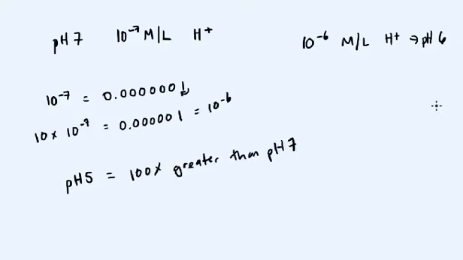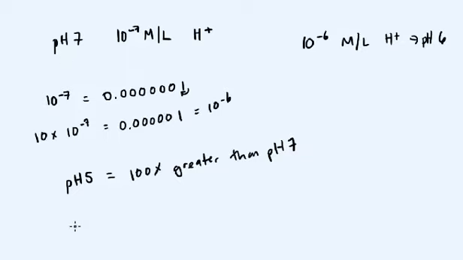Okay, so what's kind of crazy here is that as the acidity of a solution increases, pH is actually decreasing. So pH 5 is more acidic than pH 6, pH 6 is more acidic than pH 7, and so forth.